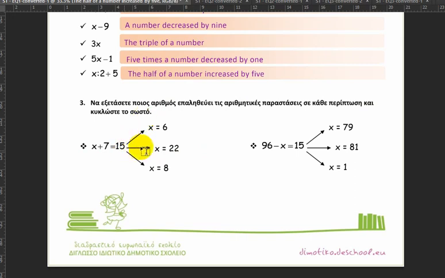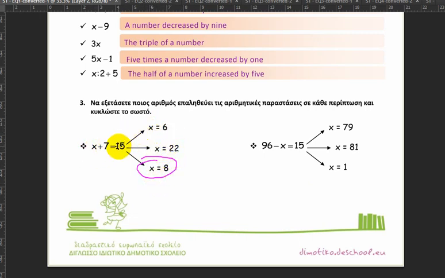We need to find which of these is correct to solve the equation. So we can just solve the equation. We could say that x will be equal to 15 minus 7. 15 minus 7 is 8. Or if you wanted to, you could plug in each of these, see which fits.